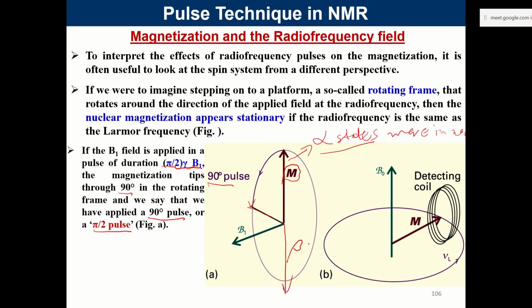Most of the beta state, if M is like this, the beta state is more populated, that is the way we say.